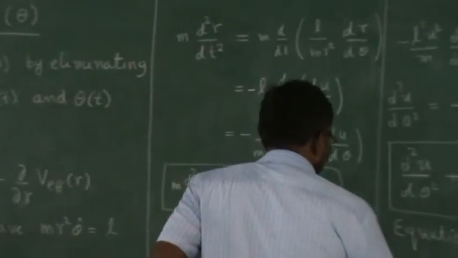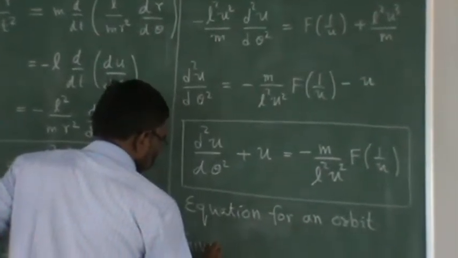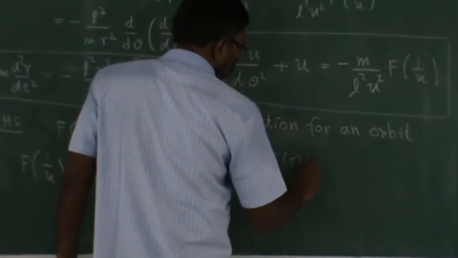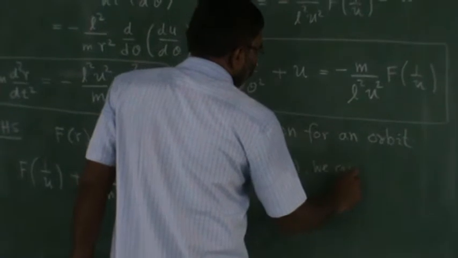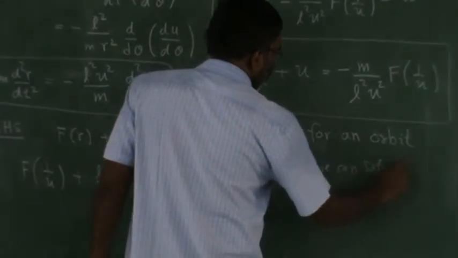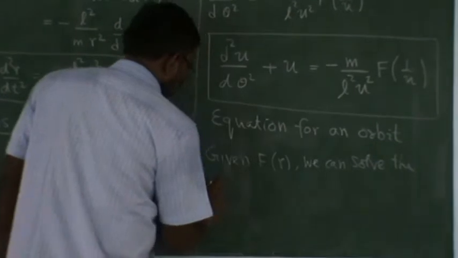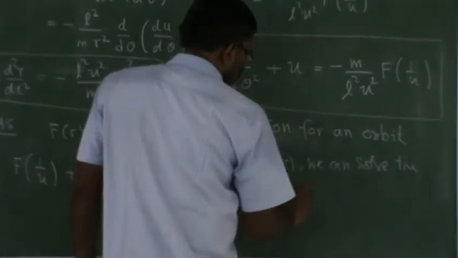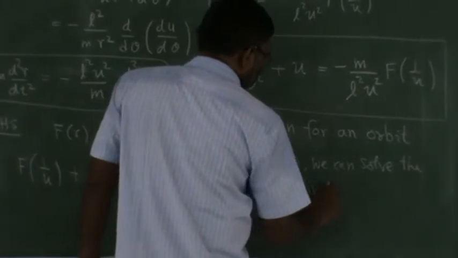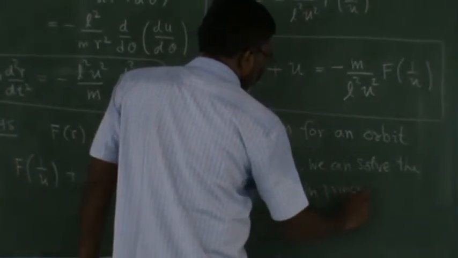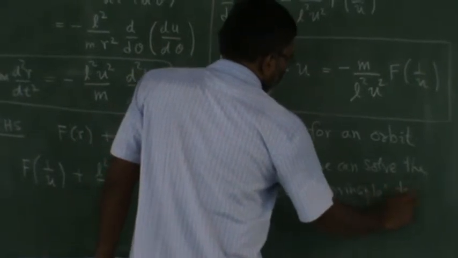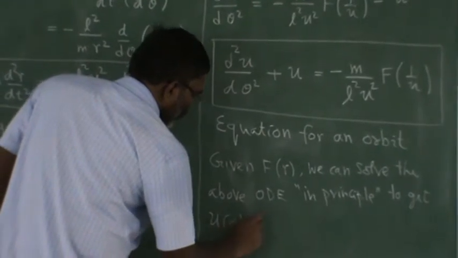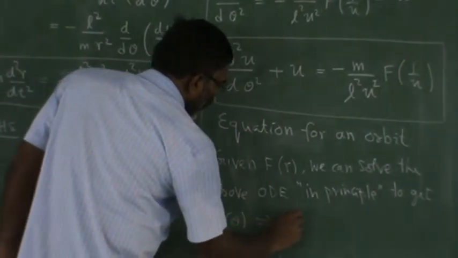So given f of r, we can solve the above ordinary differential equation, in principle, to get u as a function of theta, which implies r as a function of theta.